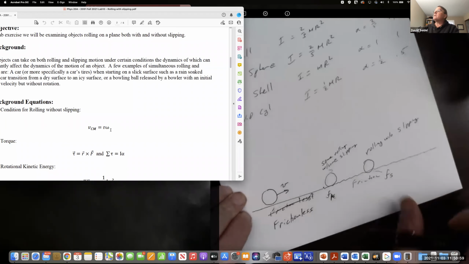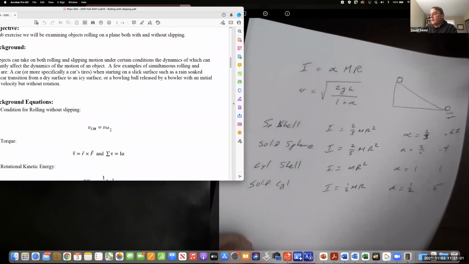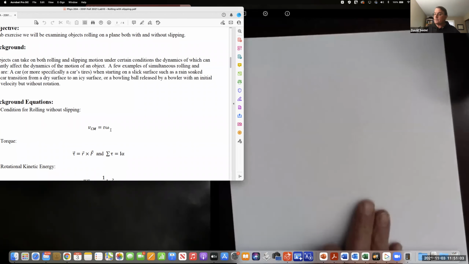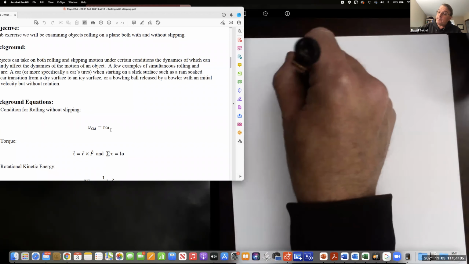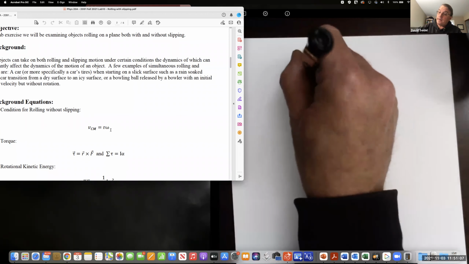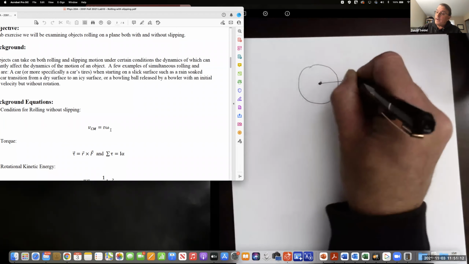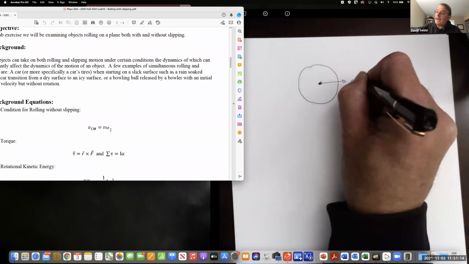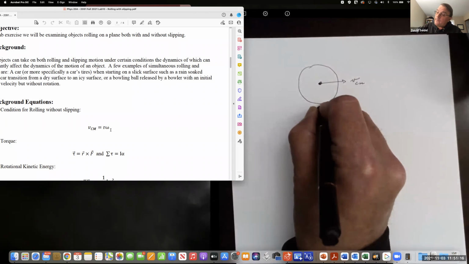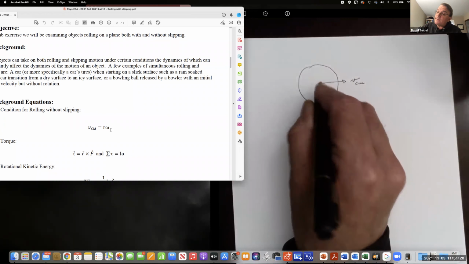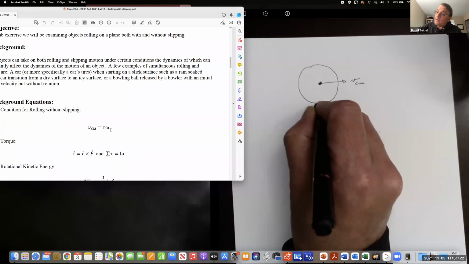Remember what rolling without slipping ends up showing us. We have V center mass. The very bottom of it, relative to this reference frame, is going with omega.